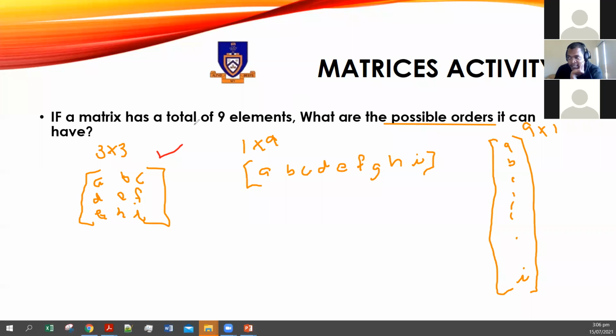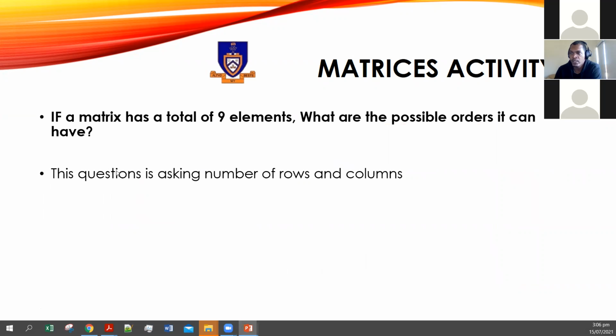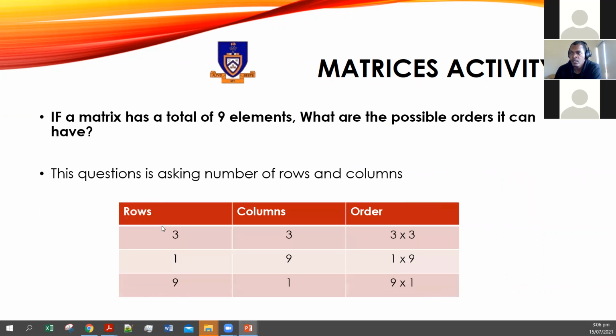So we can represent these 9 elements in a 3 by 3, 1 by 9, or 9 by 1. So this is also important for us to notice, all right? And that already brings our understanding of matrices to a very good point. Okay, so this is just a summary of what we can have.